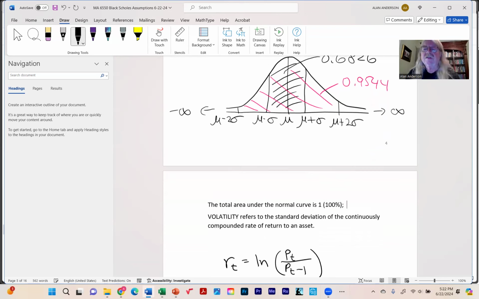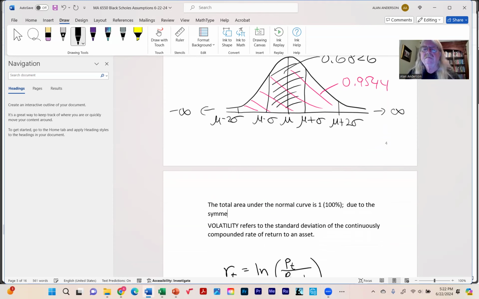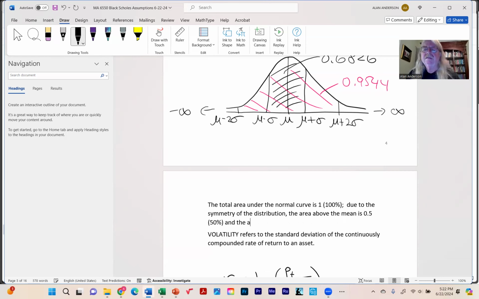And due to the symmetry of the distribution, the area above the mean is half of that, and the area below the mean is again 0.5, or 50%.